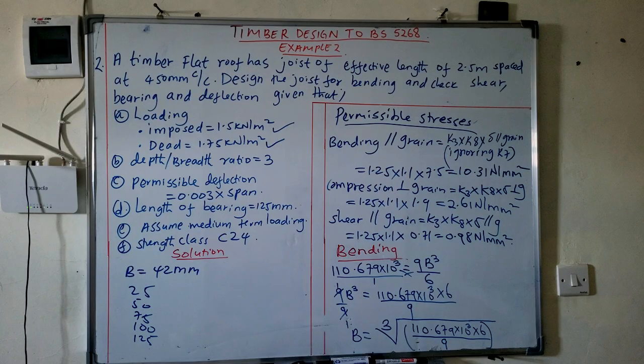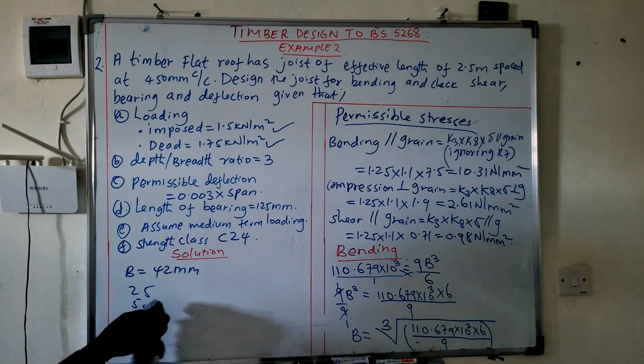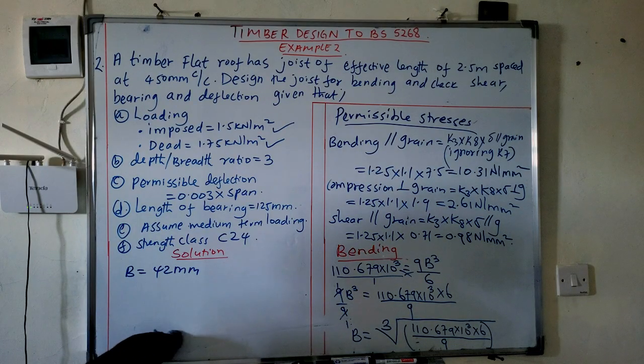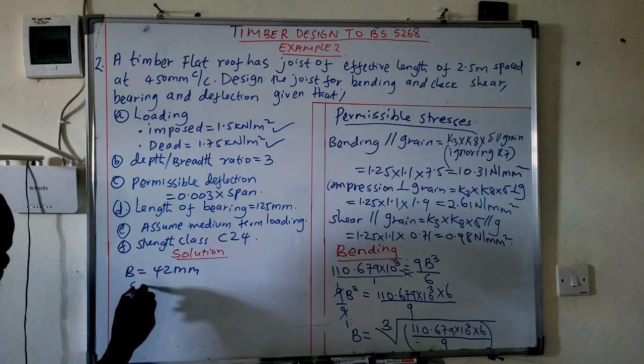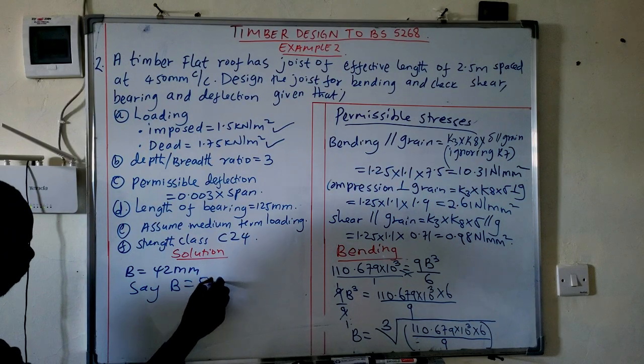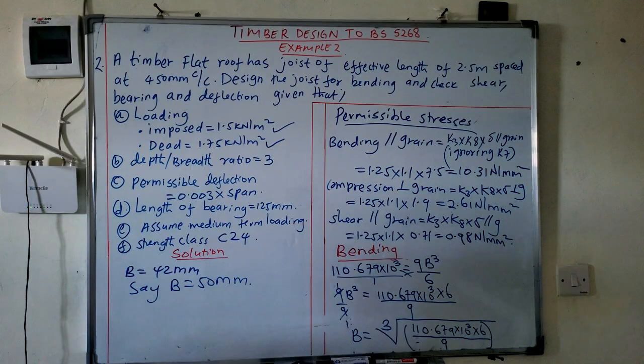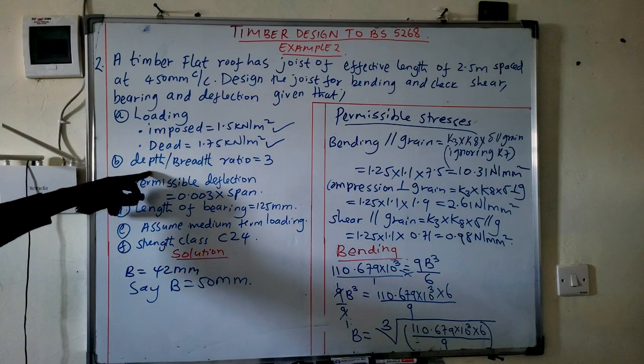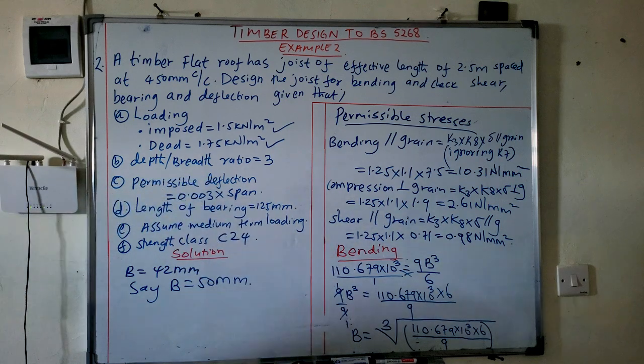So for this case, we will use a size which is above this one, in a multiple of 25. So the size is 50 millimeter. So B equals 50 millimeter, and we were told the ratio of depth to breadth is 3.